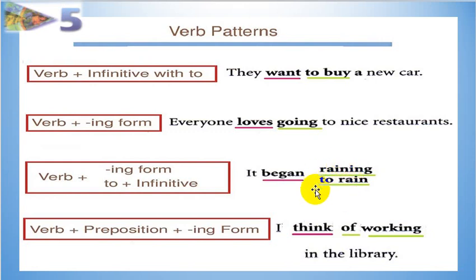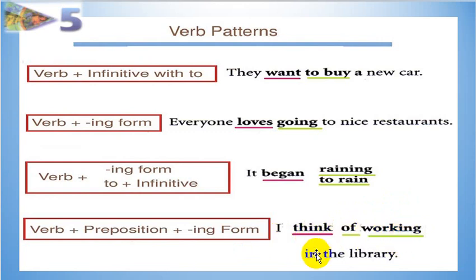Any one of them is right. It began raining, ing form. It began to rain. Every verb after to must come in its infinitive form. Okay? Verb plus preposition plus ing form. After prepositions must come a noun or a verb with ing form. Okay?